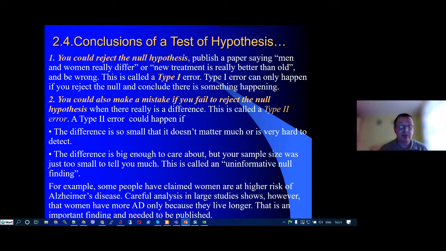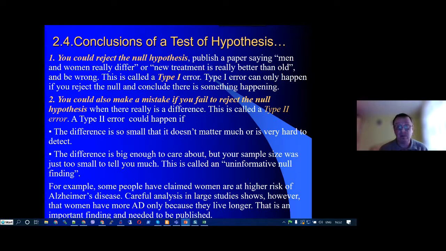For example, if we reject the null hypothesis and publish a paper saying the means are really different or the new treatment is really better than the old, and it is not true, or our evidence was calculated the wrong way and so on.